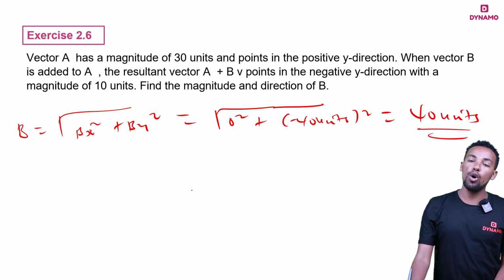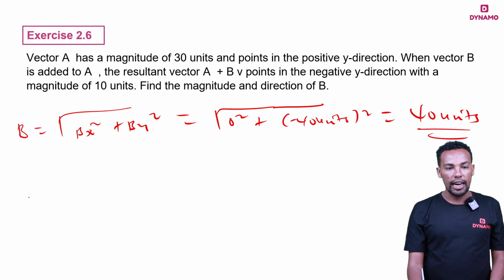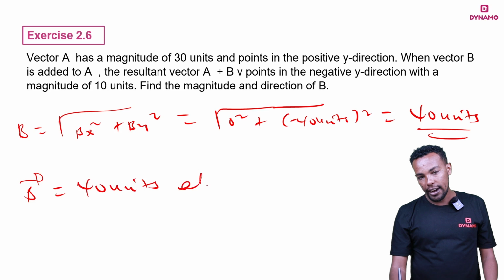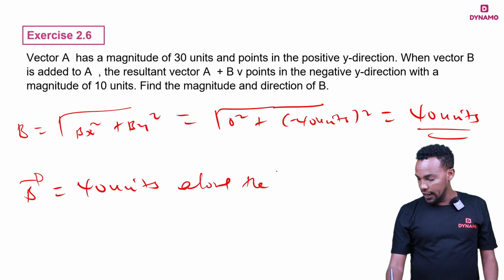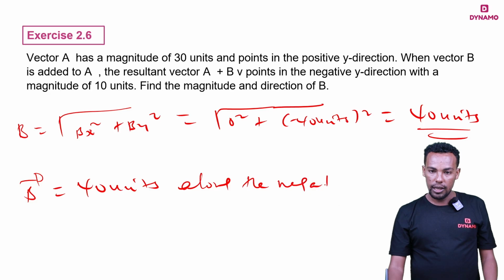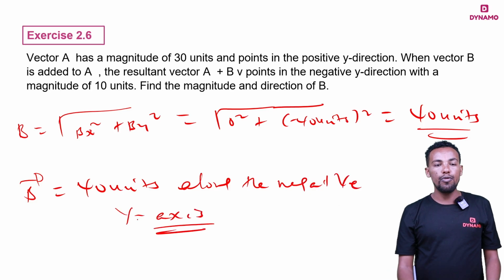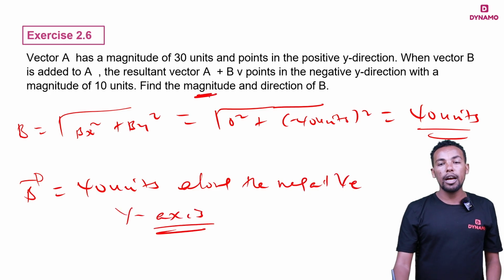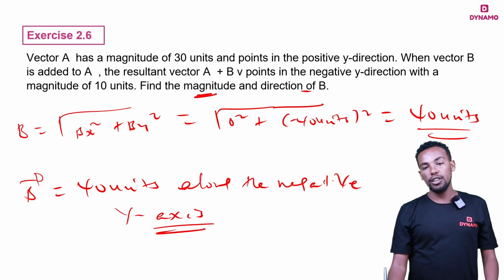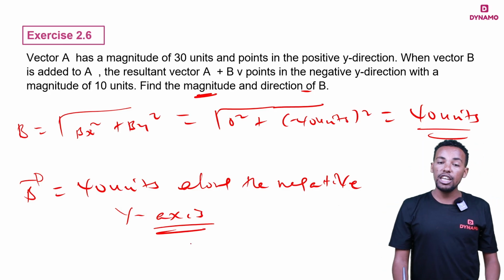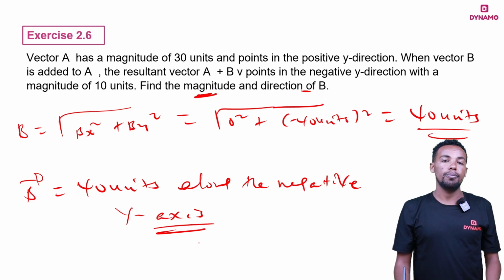So B is 40 units along Y only. Therefore, vector B is 40 units along the negative y axis: the magnitude is 40 and the direction is along the negative y axis.